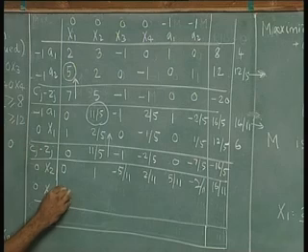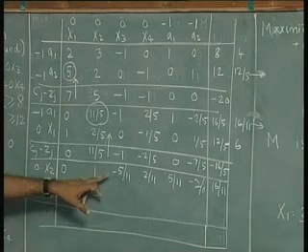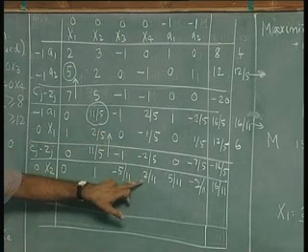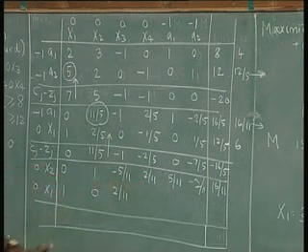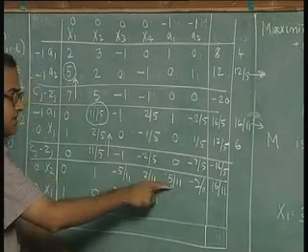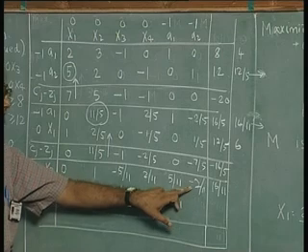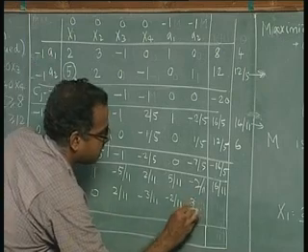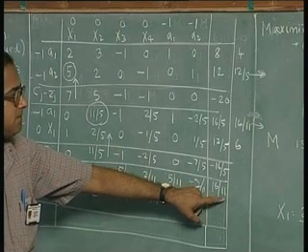So, 1 minus 2 by 5 into 0 is 1, 2 by 5 minus 2 by 5 into 1 is 0, 0 minus 2 by 5 into minus 5 by 11 is 2 by 11, minus 1 by 5 minus 2 by 5 into 2 by 11, minus 1 by 5 minus 4 by 55, that would give us minus 15 by 55, which is minus 3 by 11. 0 minus 2 by 5 into 5 by 11 is minus 2 by 11. 1 by 5 minus 2 by 5 into minus 2 by 11, 1 by 5 plus 4 by 55 would give us 15 by 55, which is 3 by 11. 12 by 5 minus 2 by 5 into 16 by 11.